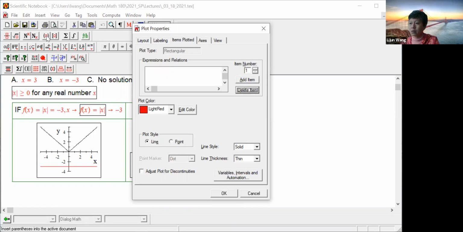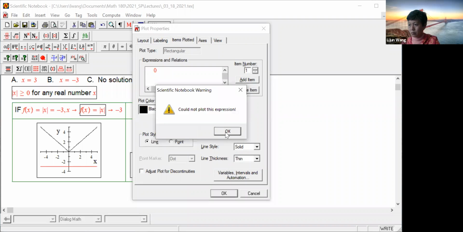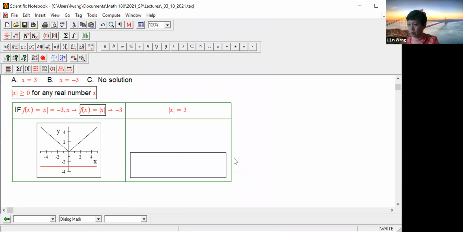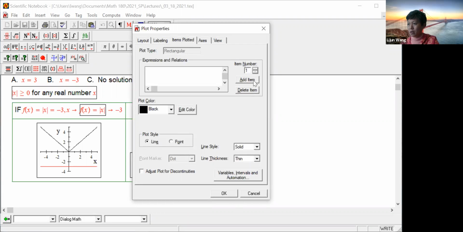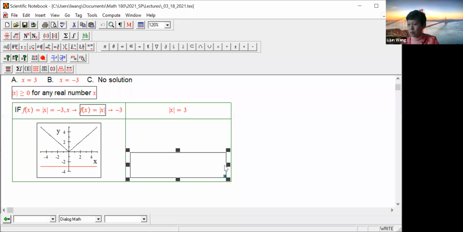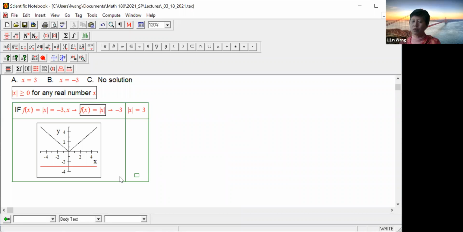Delete. The software sometimes doesn't obey me. Okay, so there's no solution. I totally screwed up, I'm sorry. What's going on here? Okay, never mind. No solution. It's no solution.